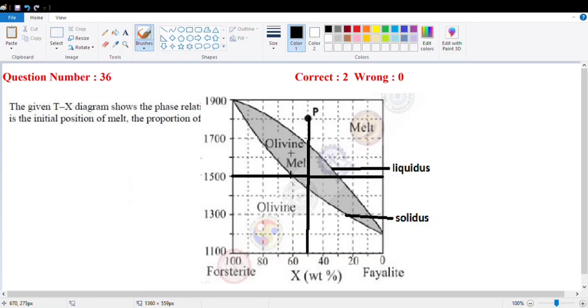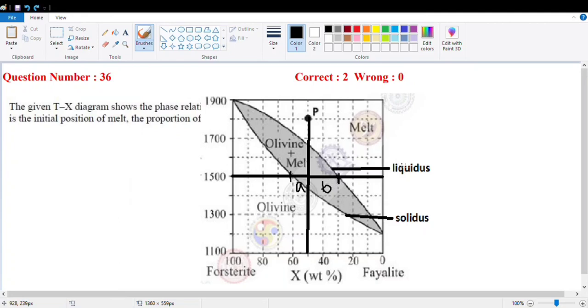The point where it intercepts the solidus curve can be labeled as A, and the other point can be labeled as B. Then A, the point that intercepted the solidus, and our initial composition line give the amount of crystals present at the temperature 1500 degrees Celsius, and B gives the amount of melt present at that temperature.